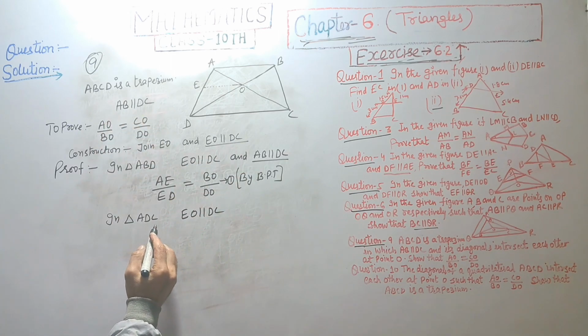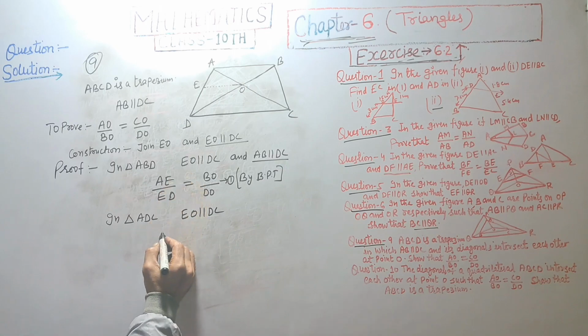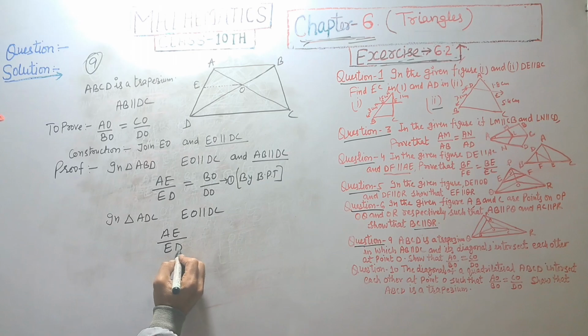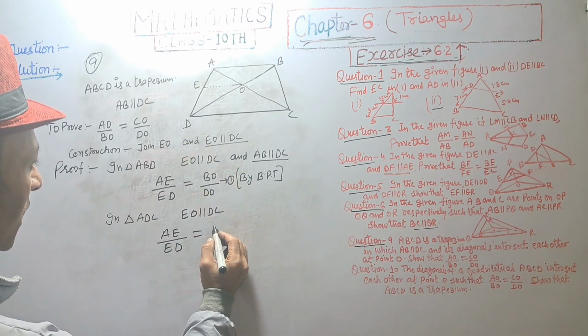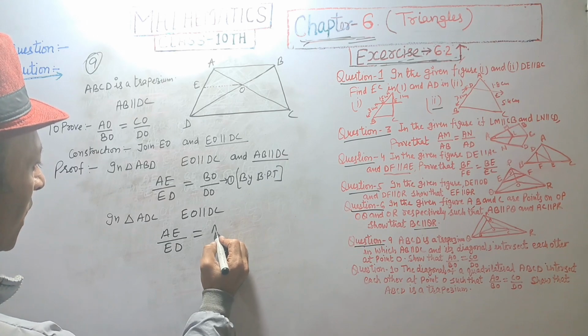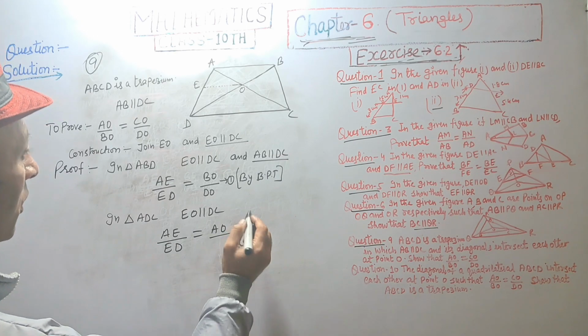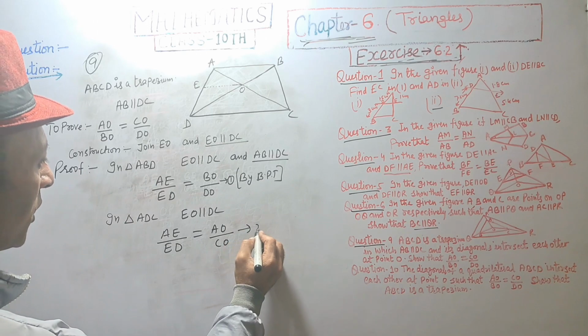It's given. We get AE upon ED is equal to AO upon CO. Equation second.